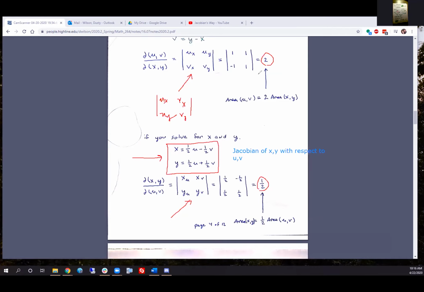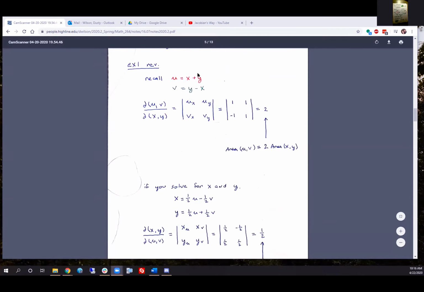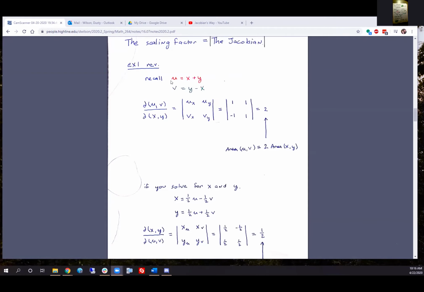Yeah. Okay, good question. So we have up here a system of 2 equations and actually it's 2 equations and 4 unknowns. At the moment, it's solved for u and v. But we could come through here and we could solve for our x's and solve for our y's. And that's what I have below. Good news. In general, you don't have to do that because these 2 results are reciprocals.